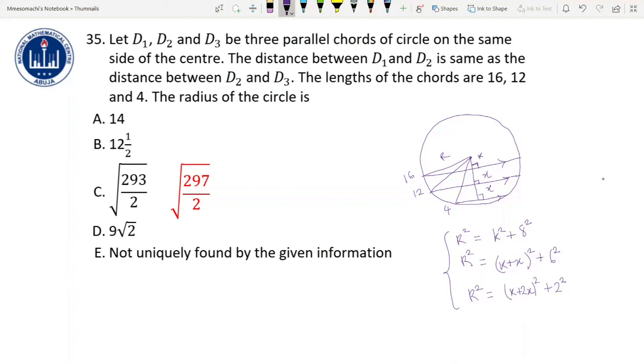One of the first things we can do is try and take the difference of equations and see what we can get. If you take the difference of the first two equations, we'll have 0, and I'll use the difference of two squares to make my life easier. So the first bracket is K minus (K plus X) into K plus (K plus X), and then 64 minus 36 gives us 28.